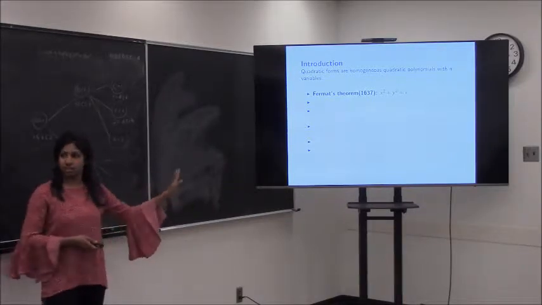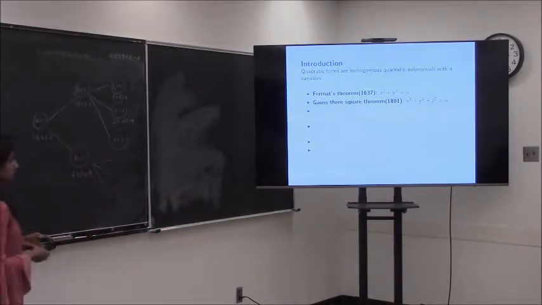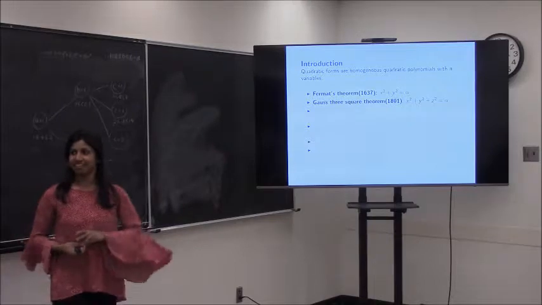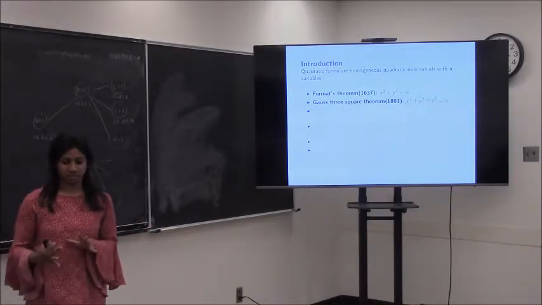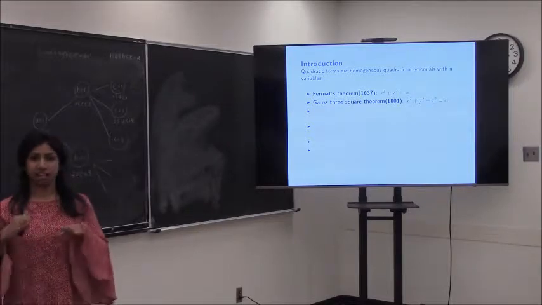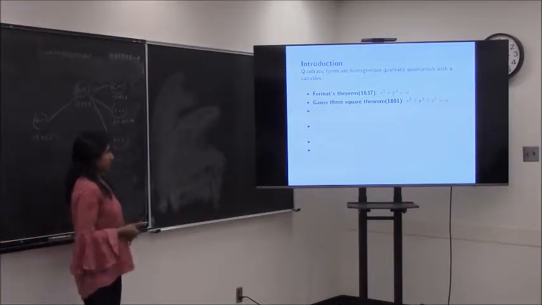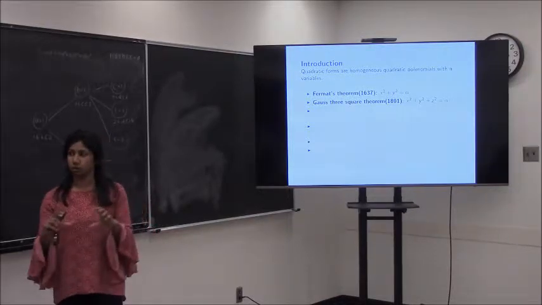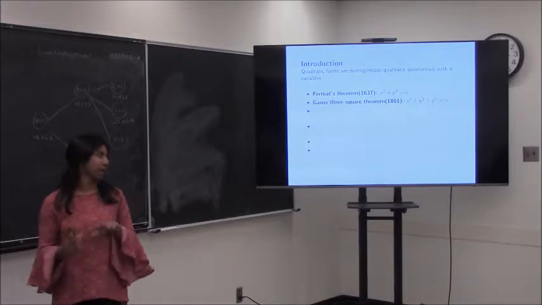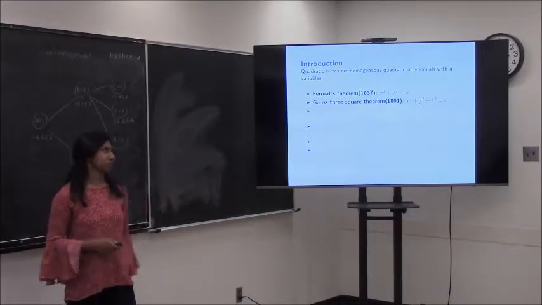And Gauss's three-square theorem in 1801 addressed which integers we can represent as a sum of three squares, and also gave a specific form of integers we cannot represent as a sum of three squares.